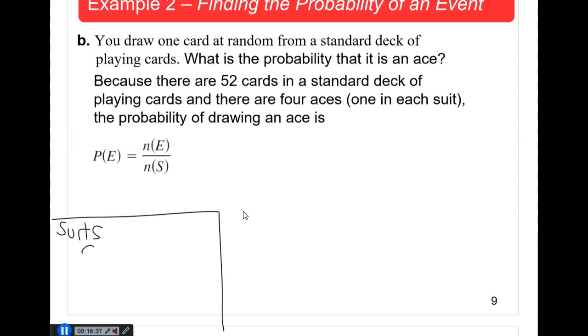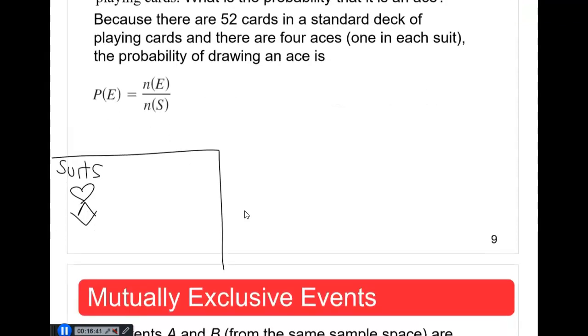So those will be hearts, diamonds, clubs, and spades. So from those suits, of course, we have 2 suits that are red, and then the other 2 are black.